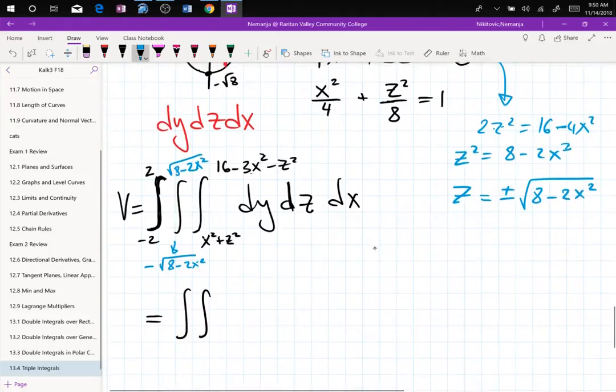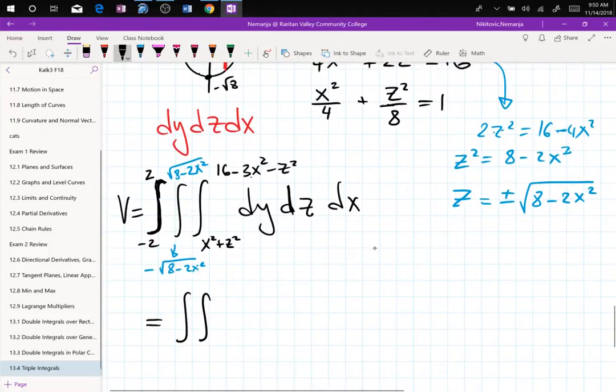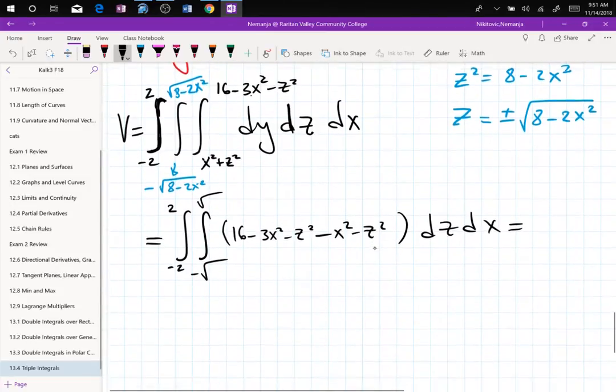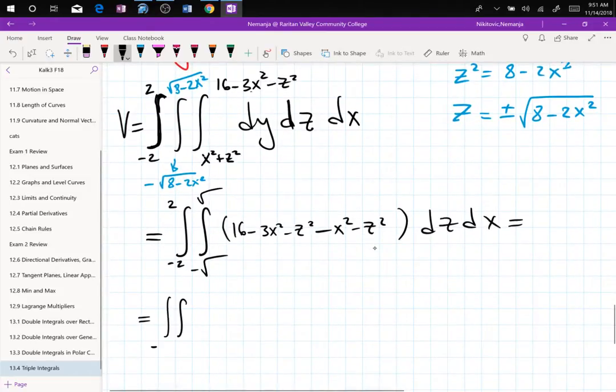So what do we have? We have the outer, and then the square root over here and the square root over there. I said that the inner one would just be the 16 minus 3x squared minus z squared minus x squared minus z squared, right? That's the top limit minus the lower limit, and we still have the z and the x to worry about. So this is now a double integral, -2 to +2, negative root to positive root.